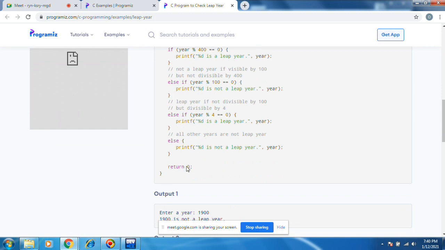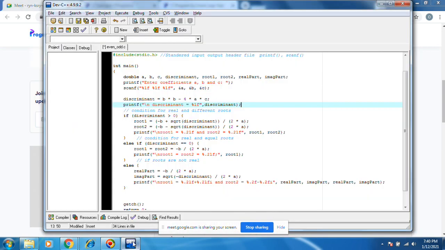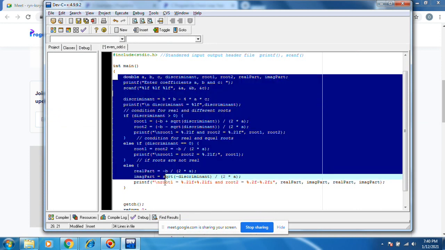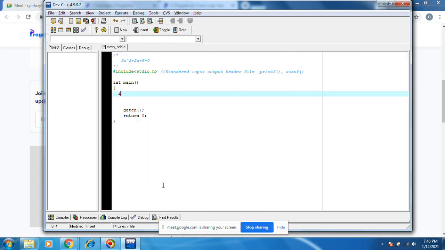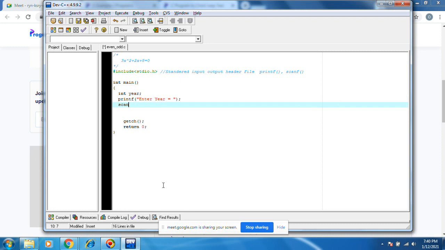Okay, you can do something. This is just a simple program. int year, printf enter year, scanf.